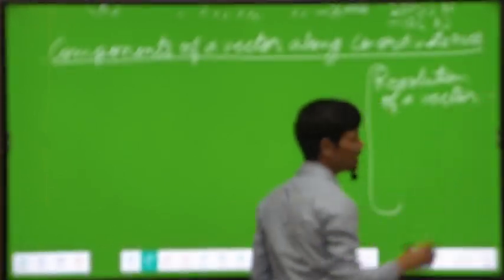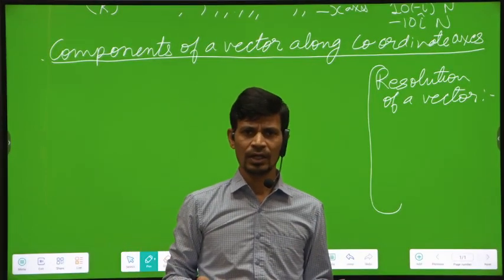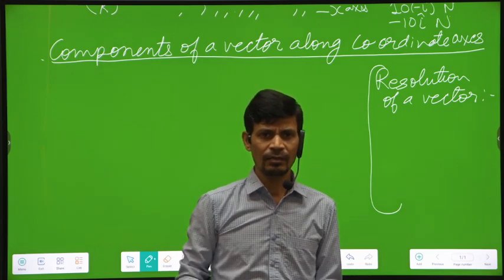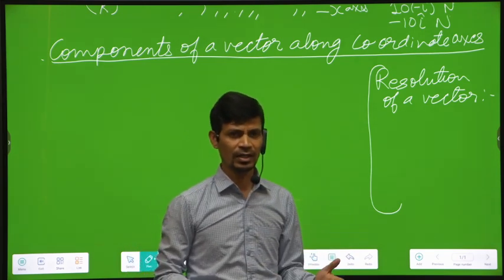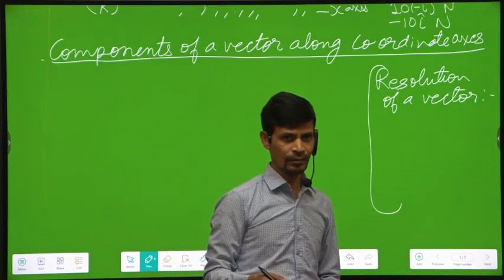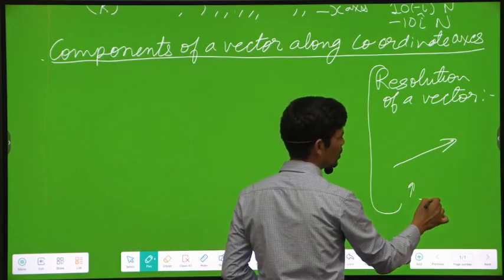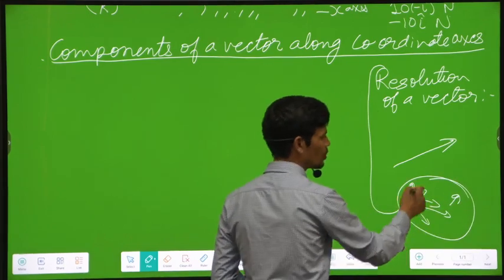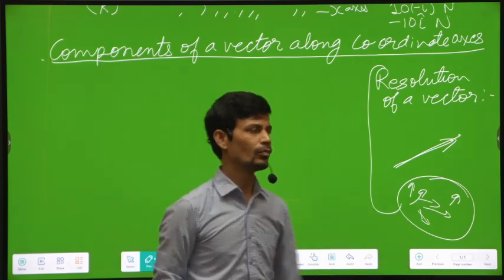So we can split a vector into as many vectors as we require, and if those resolved parts sum up together and give the effect of that particular vector again, then those parts are called its components. So if there is a vector and I am able to divide it into some number of vectors, and these add up together to give this vector, then these parts will be called its components.